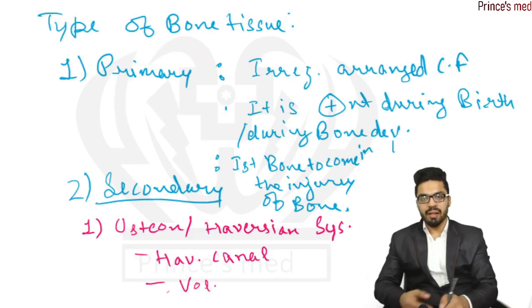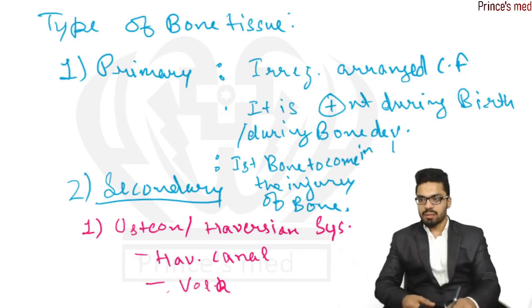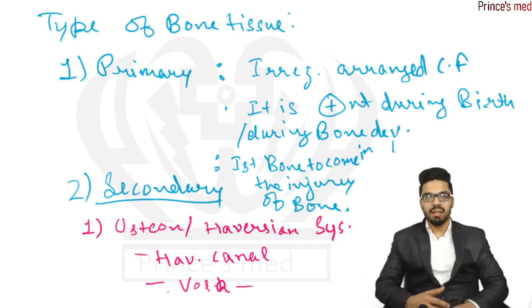Haversian canals are longitudinal canals present longitudinally in the bone, and Volkmann's canals are horizontal canals which interconnect every Haversian canal.